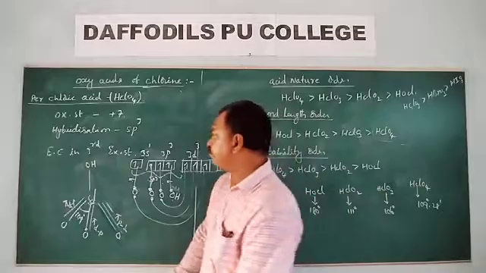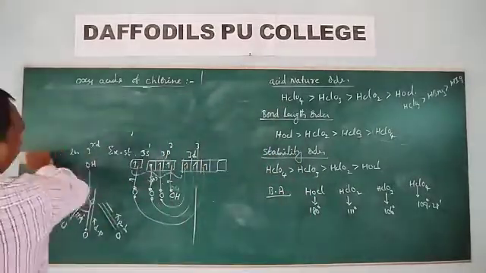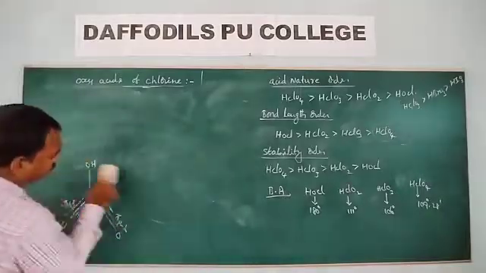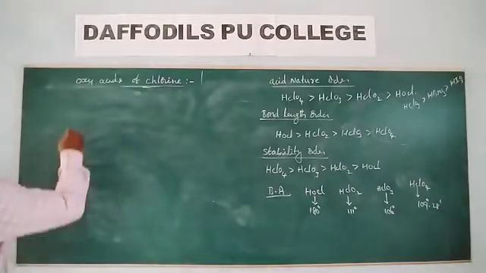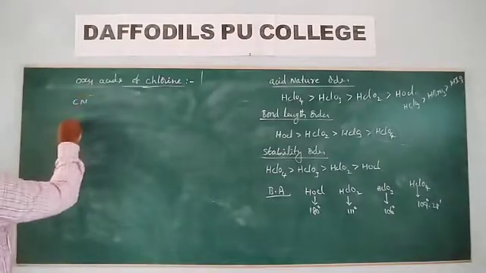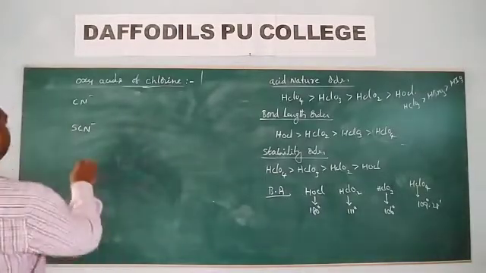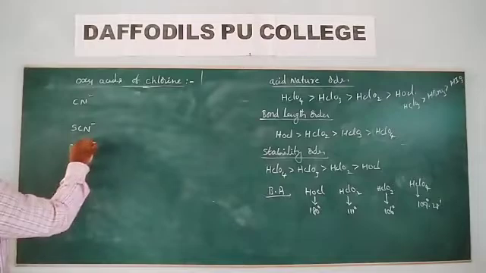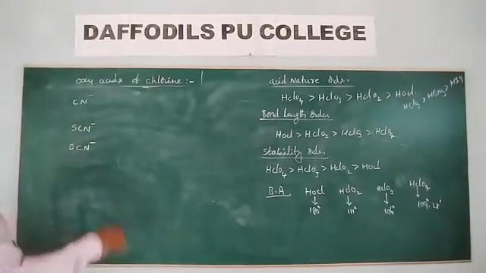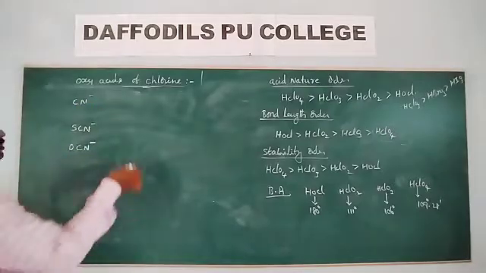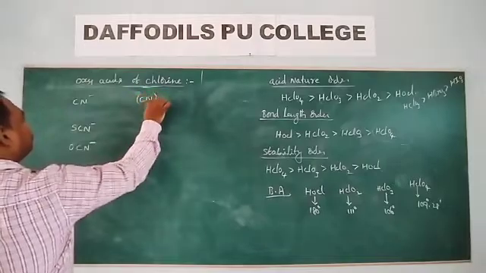For example, cyanide, thiocyanate, and cyanate. These three ions behave like halogens. CN minus can also be available like this.